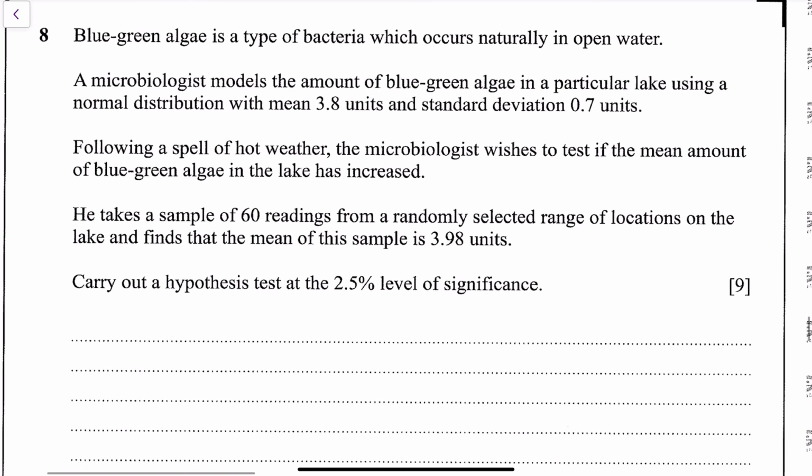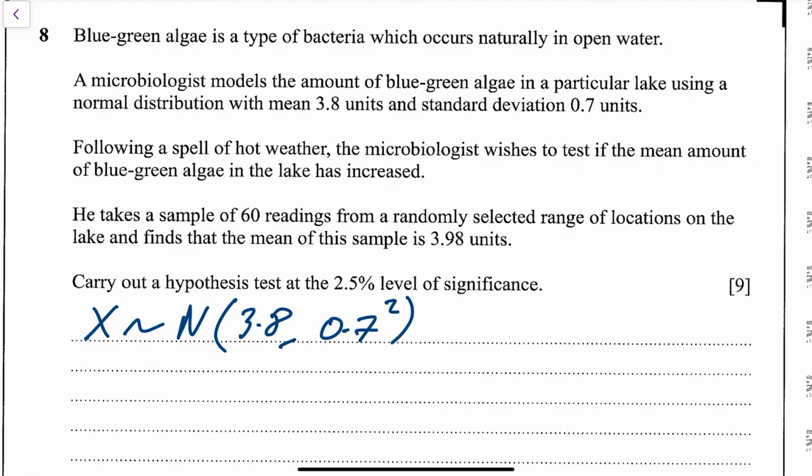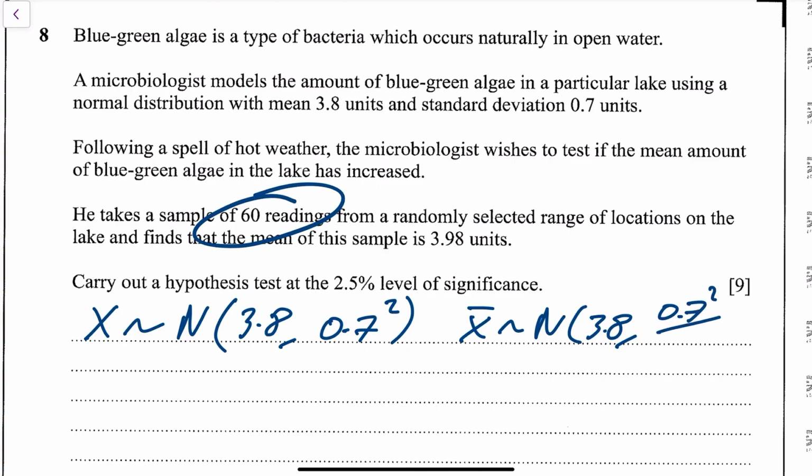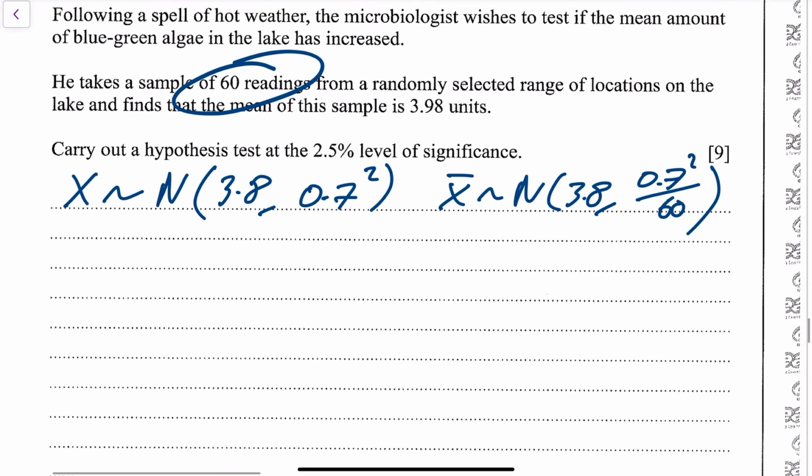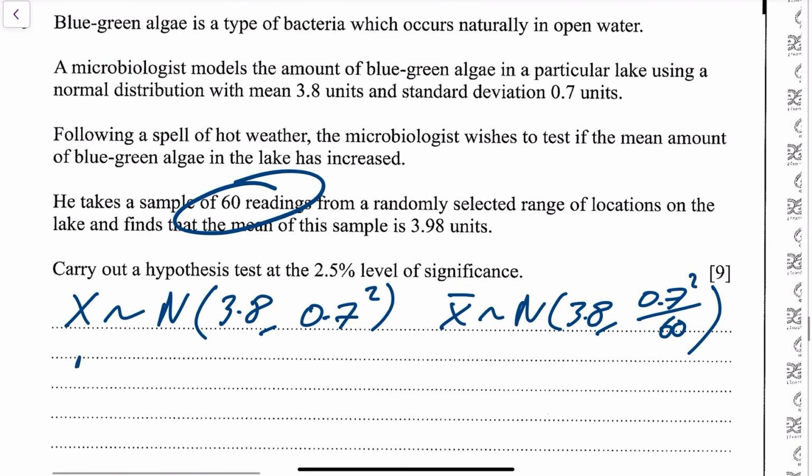Right. Write down how your variable is normally distributed. This is what I always do. So it's N(3.8, 0.7 squared). And then we want to write down how the mean is distributed. So it's N(3.8, 0.7 squared over n), which is 60. And then we want to say what your H0 is.